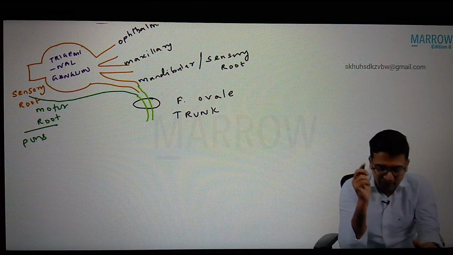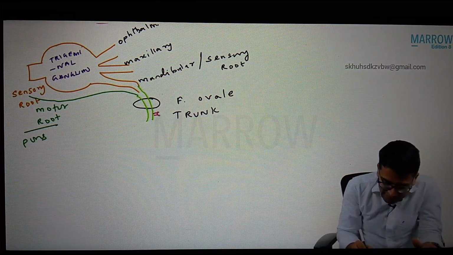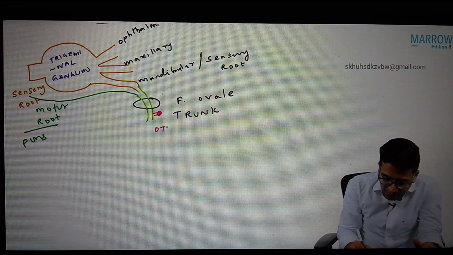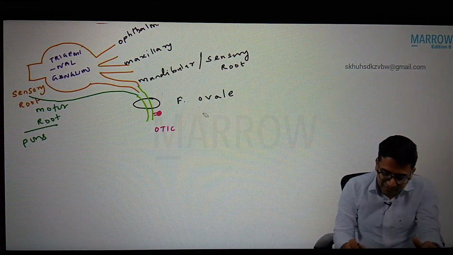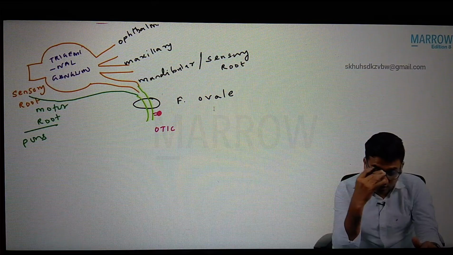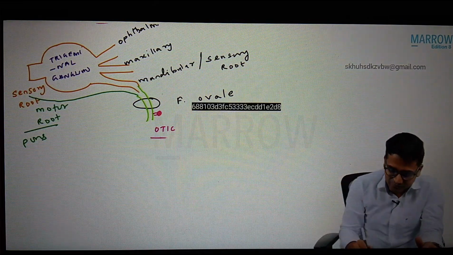Now, the trunk of the mandibular nerve gives attachment to one ganglion. What is that? That is our otic ganglion. Okay, so the trunk of the mandibular nerve gives attachment to otic ganglion. Fine. Now, otic ganglion is a parasympathetic ganglion.